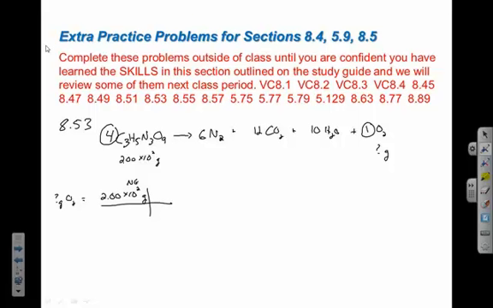So 3 carbons plus 5 hydrogens plus 3 nitrogens plus 9 oxygens gives me 227.09 grams of nitroglycerin per mole of nitroglycerin.